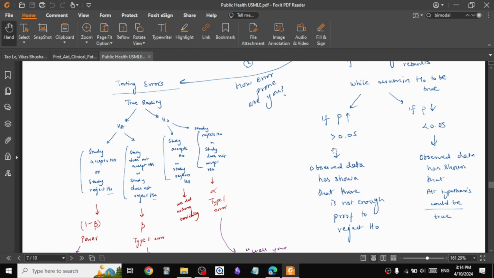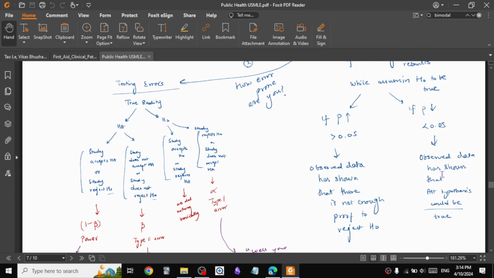What does that mean in terms of my validity? Observed data has shown that there is not enough proof to reject H naught. You don't have enough credible, valid proof. Why? Because over 5% of your data is muddled. It's not effective anymore. So that is the principle of a high p-value.